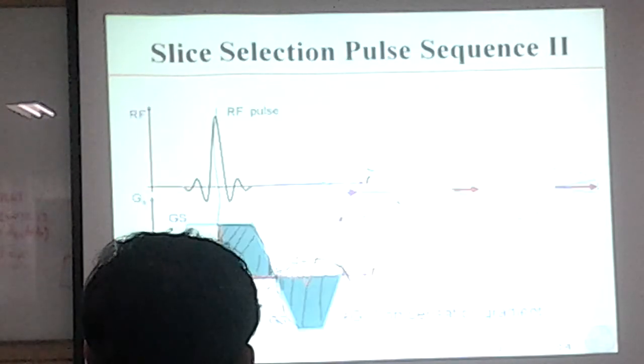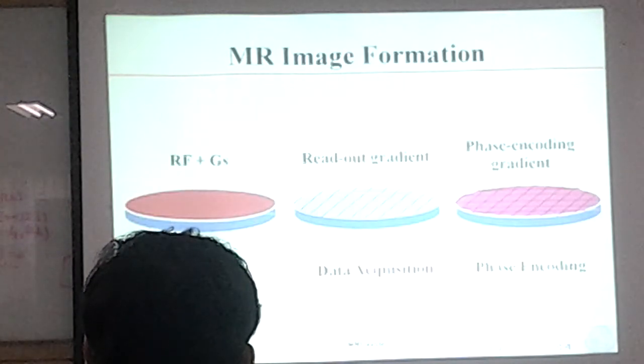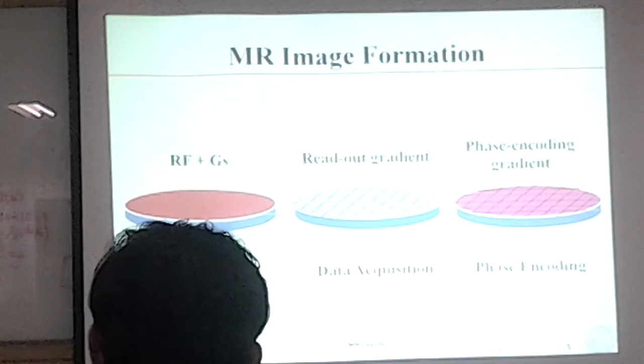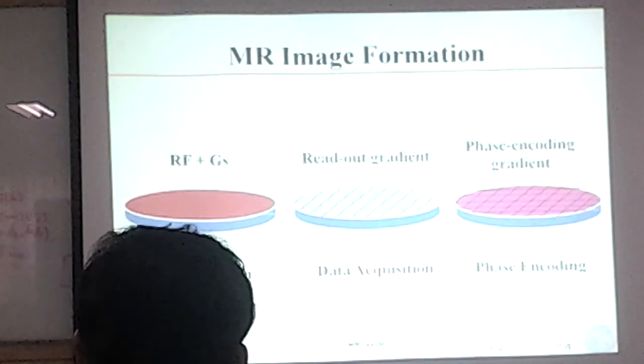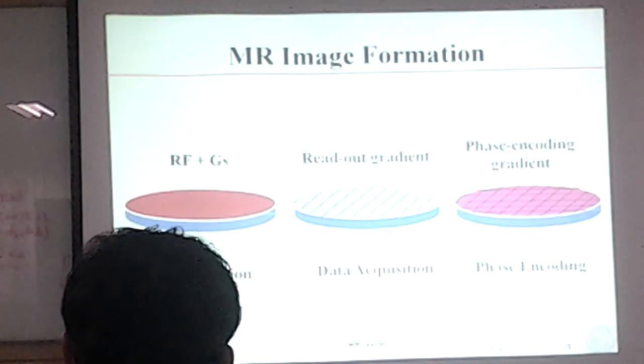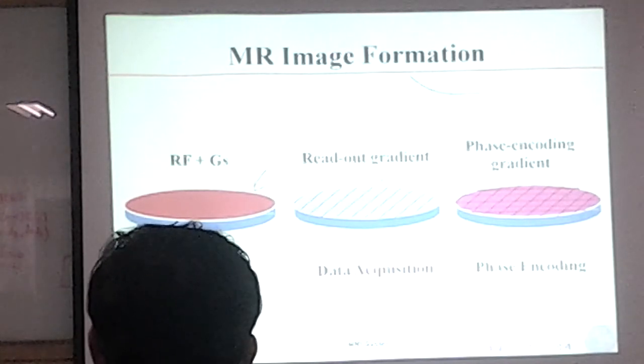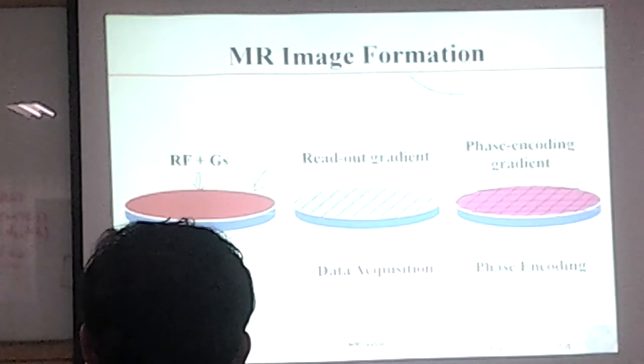I talked about the slice selection pulse sequence now. What remains is how you can get the spatial information in the selected slice plane. If we assume this is the selected slice plane, this slice is selected using the RF pulse and the slice selection gradient.